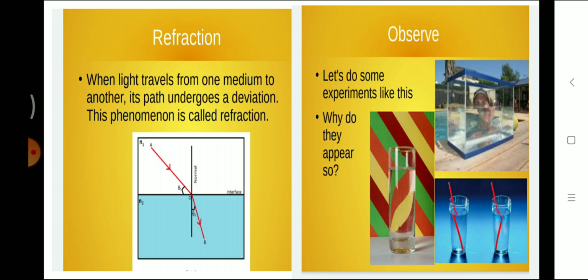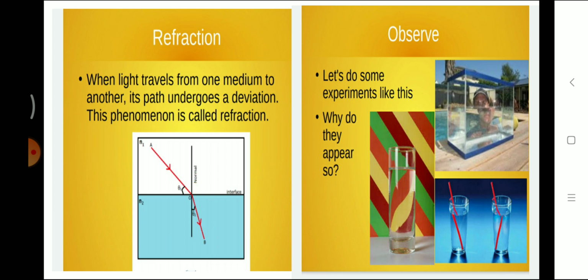But how it feels like that is because of a property known as refraction of light. When light travels from one medium to another medium, here air is one medium and water is another medium. We can see the object with the help of light only.